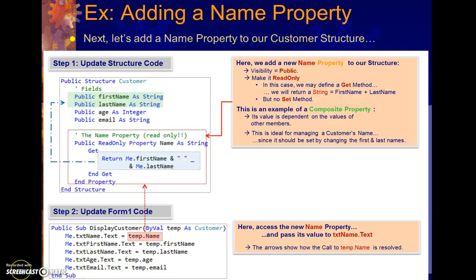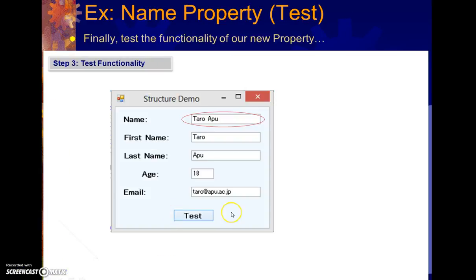So it's kind of an advanced subject, and we're just introducing it here, and you'll study it in much more detail later. So after you finish it, you'll have your form like this. So what we've done here is we've talked about properties and structures.